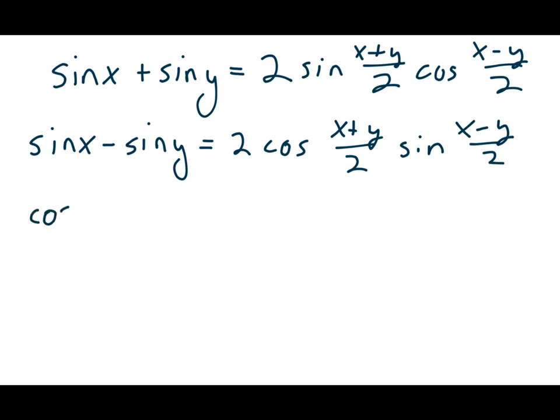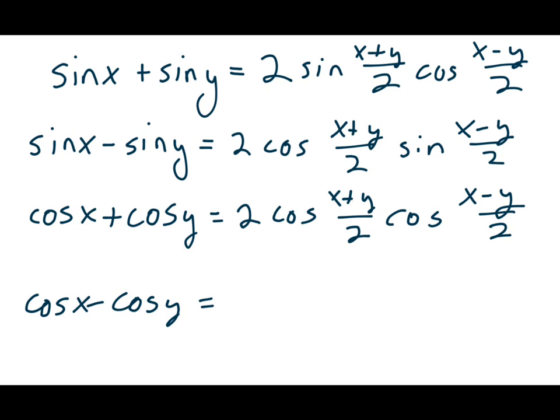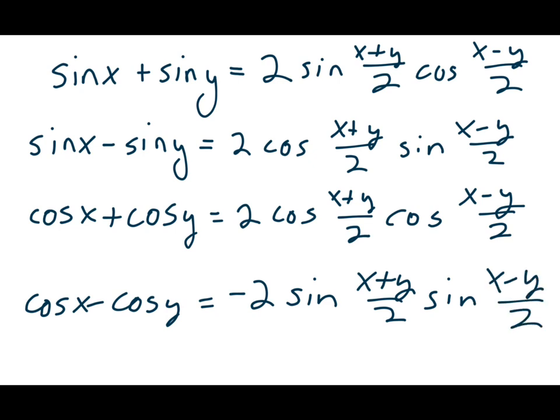If you do cosine of x plus cosine of y, that's going to be 2 cosine of x plus y over 2 cosine of x minus y over 2. And if you do cosine of x minus cosine of y, that is going to be negative 2 sine of x plus y over 2 sine of x minus y over 2.